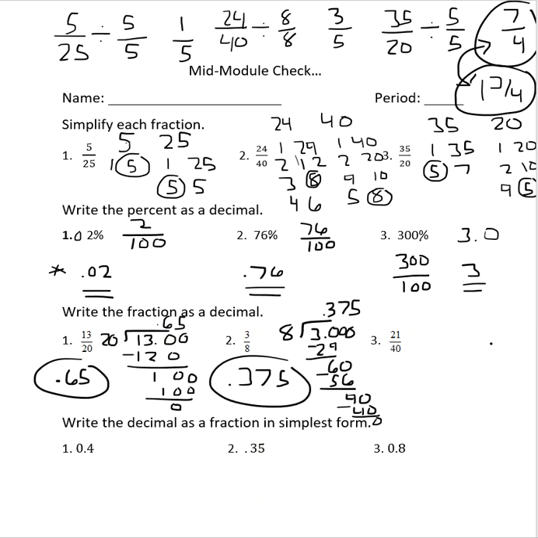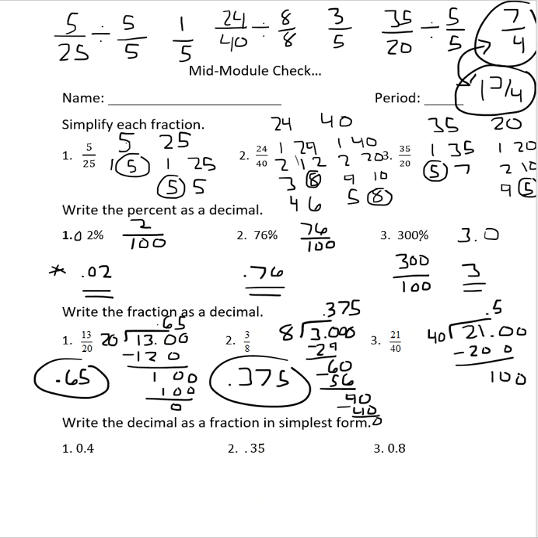Okay, the last one, 21/40. So we take the 21, we divide by 40. We would add a decimal and a 0. 40 goes into 210 5 times. 5 times 40 is 200. 210 minus 200 is 10.